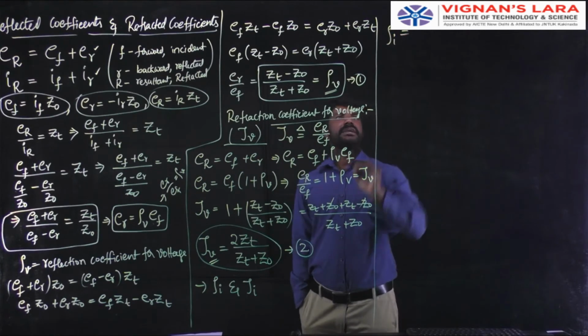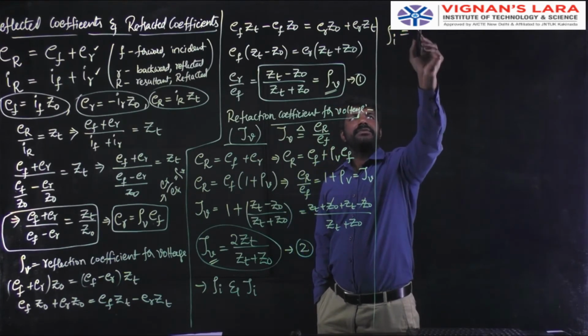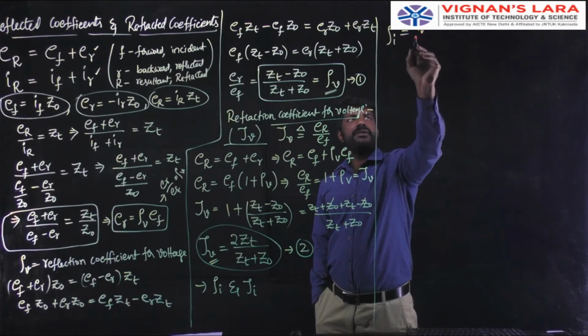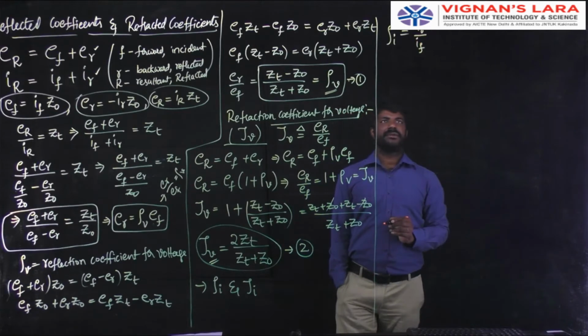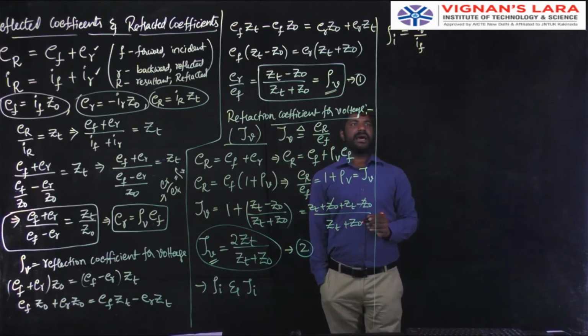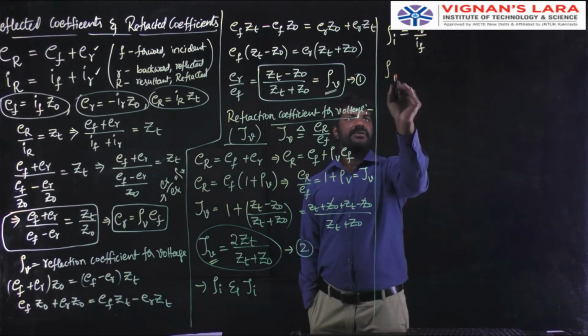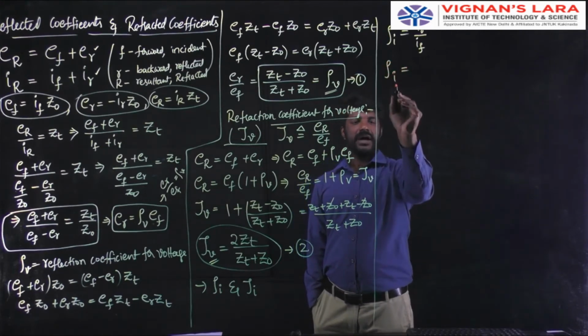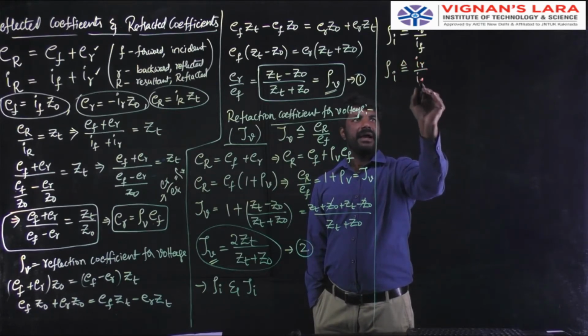To define rho I, we require the reflected value of the current in terms of the incident current. That is, rho I is equal to, as per definition, IR by IF.